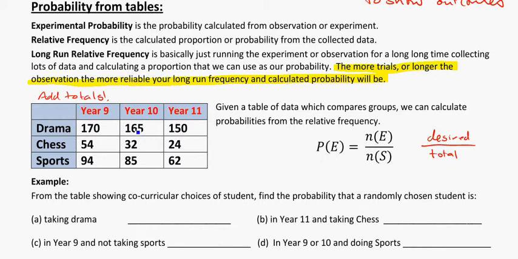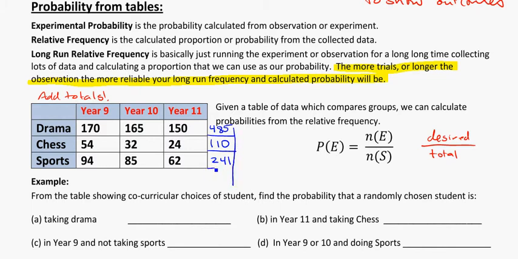So 170 plus 165 plus 150, and we get a total of 485. Same for chess: 54 plus 32 plus 24 gives me 110. And for sport, 94 plus 85 plus 62 gives me 241.